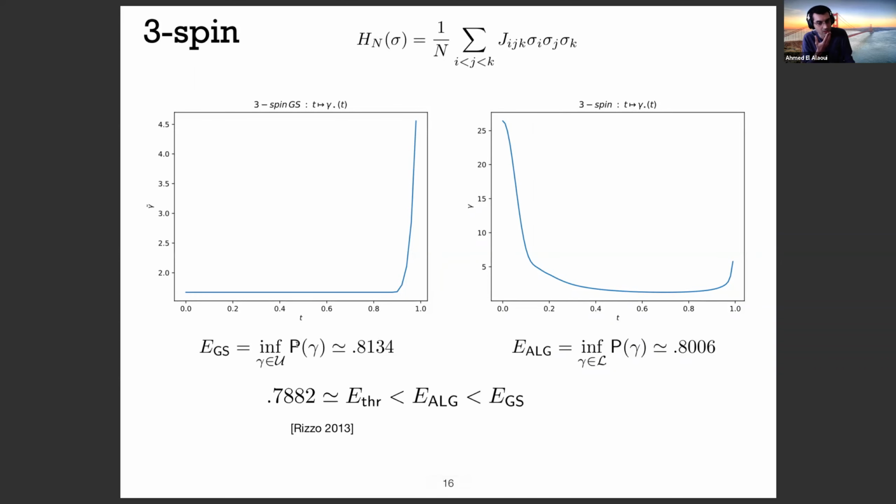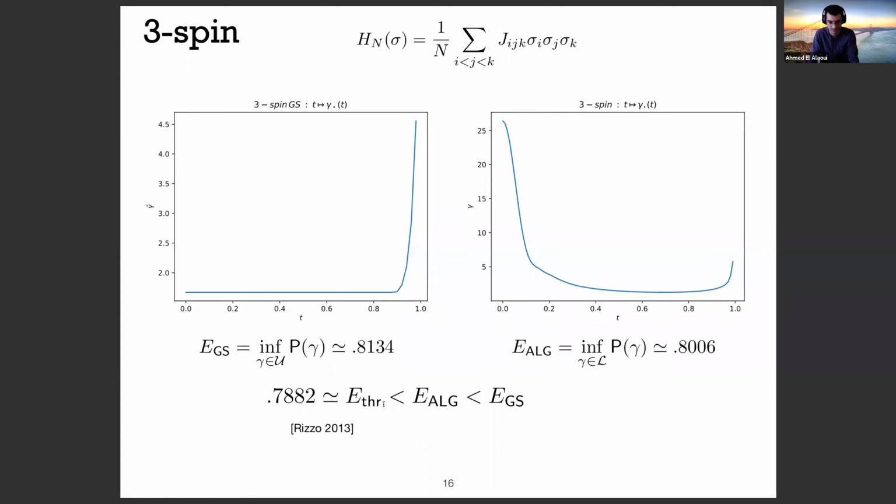We can also compare this to what's called the threshold energy. The threshold energy, I can remind you, is the energy that is achieved by Langevin type dynamics in short time. Those get stuck at a strictly smaller value, which is 0.78. So there is a gap between that threshold energy and what our algorithm can achieve. It seems that our algorithm can do strictly better than Langevin type dynamics or Glauber type dynamics, and this wasn't known before.